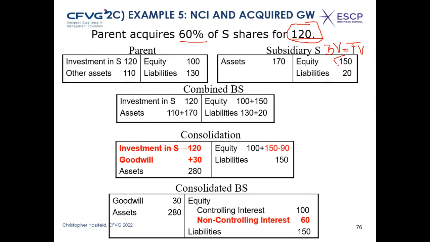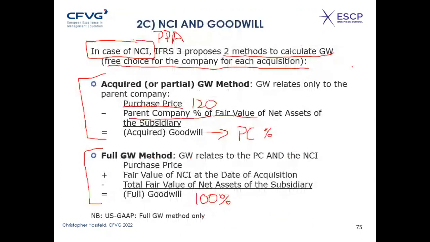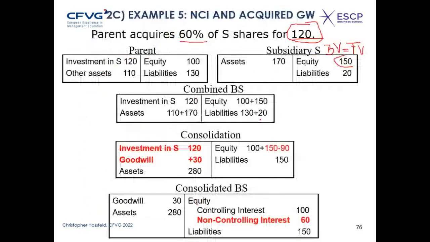That means here the book value of the subsidiary is 150 and the fair value of the subsidiary is also 150. So therefore here, parent company percentage of the fair value, well, that would be 60%. That's my percentage. 60% of the fair value, and the fair value is 150. That's what we said. And that's what I see here.